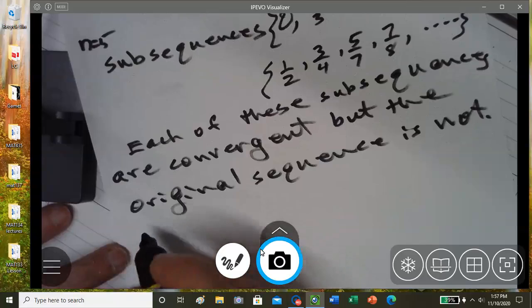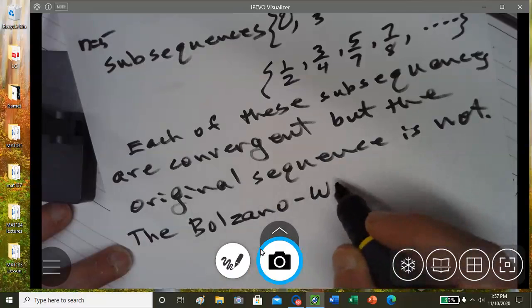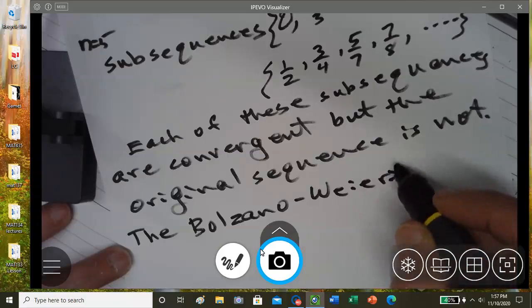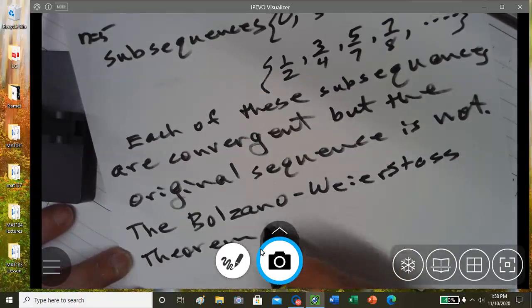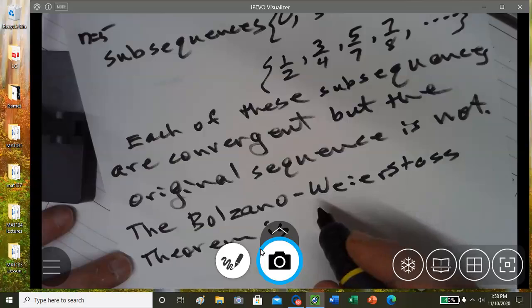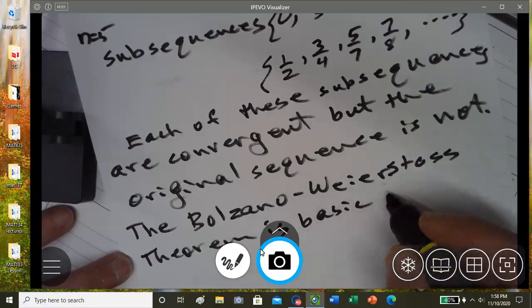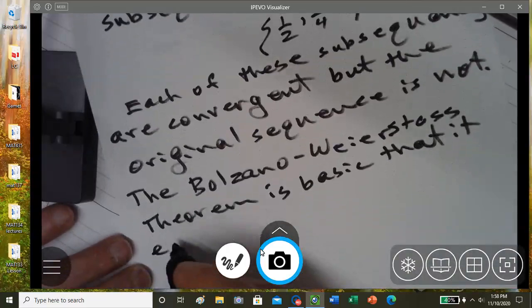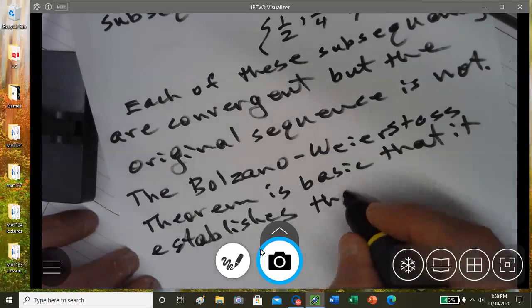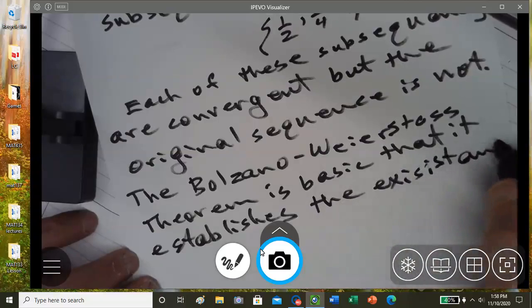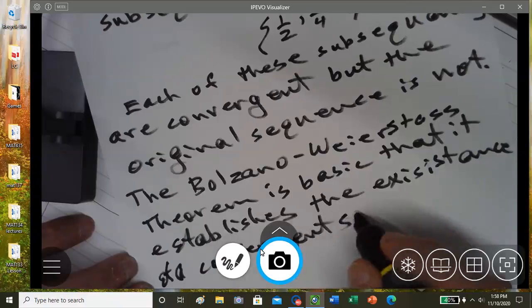The Bolzano-Weierstrass theorem is basic in that it establishes the existence of a convergent subsequence.